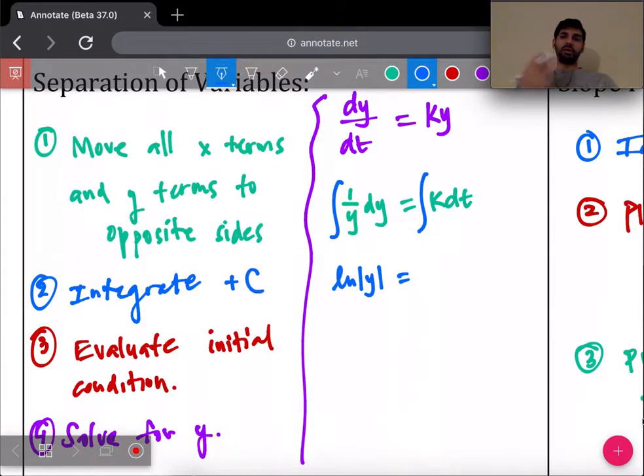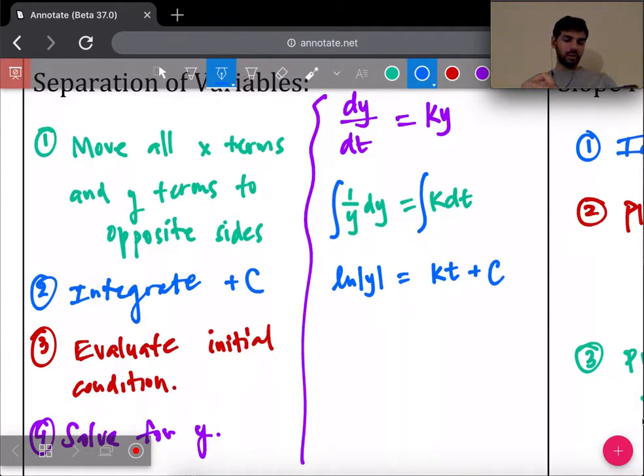For example, if I had a 2 as the constant, the antiderivative would be 2x, or in this case 2 times t, because t is the variable. So here I'm just going to leave k as a constant times t, plus c. That's the antiderivative of both sides: natural log of y equals kt plus c on the right side.